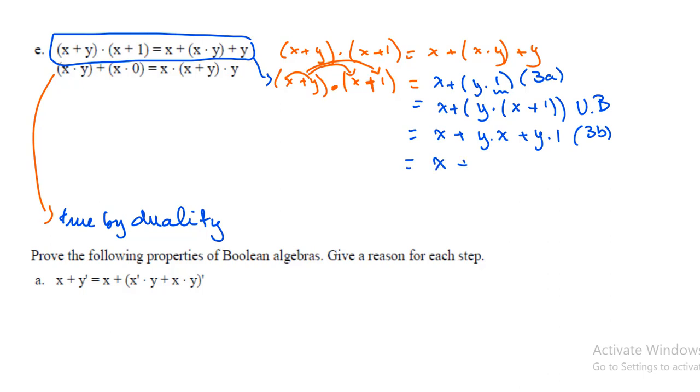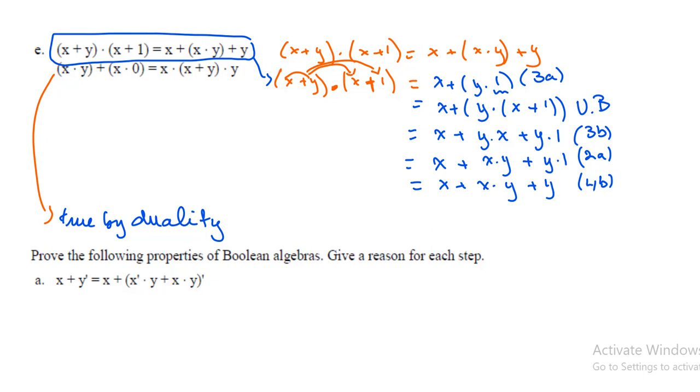And then we have x plus, instead of yx, I need xy. So let me flip it now. What I use is 2a. Okay, we know that y dot 1 is just y because of 4b. So I get x plus x dot y plus just y.